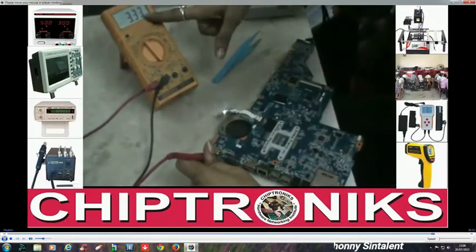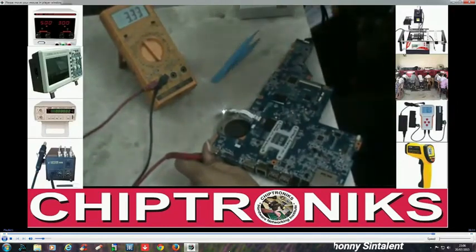If this LCD VDD voltage comes onto the LVDS connector, it means the display will definitely come.